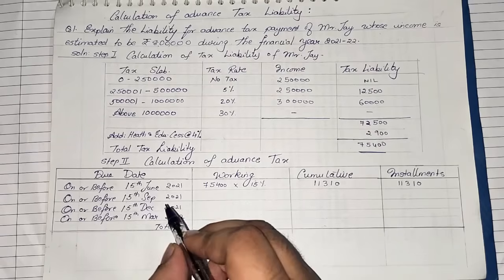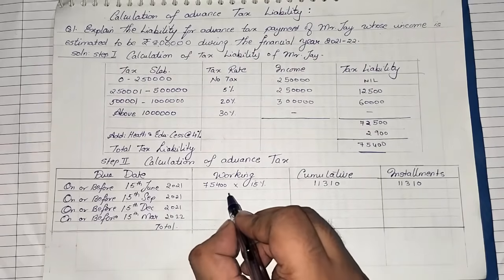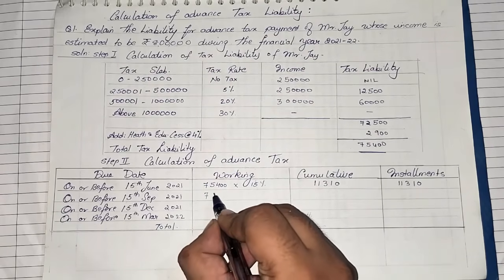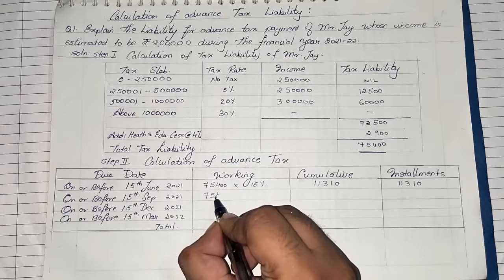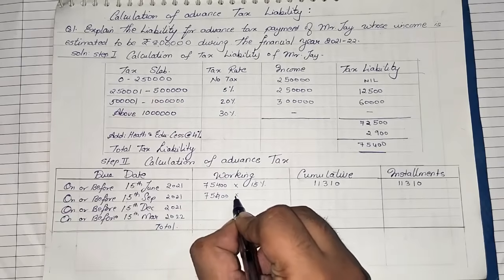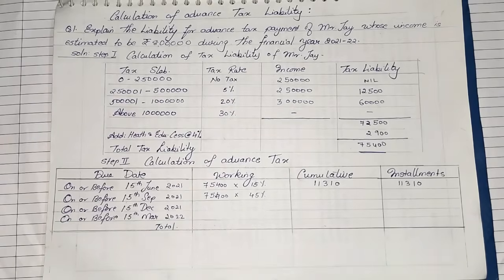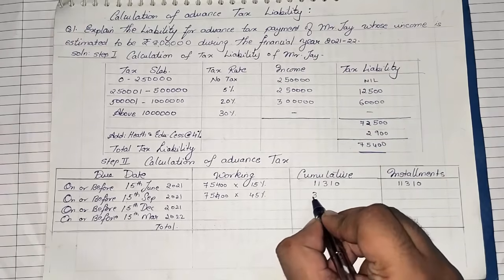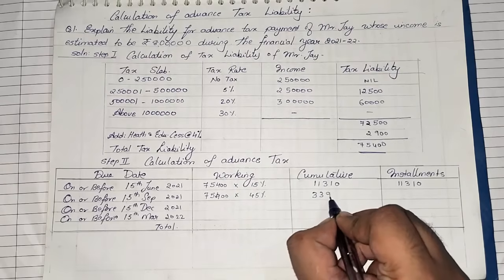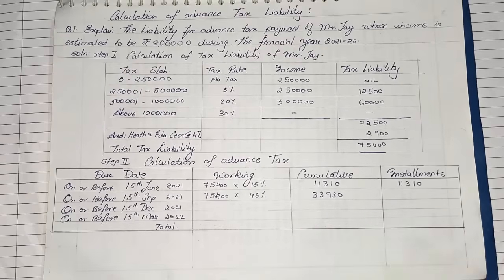Next, if it is paid on or before 15 September, it will be the net tax liability into 45%. So 75,400 into 45%, the value will come to 33,930.